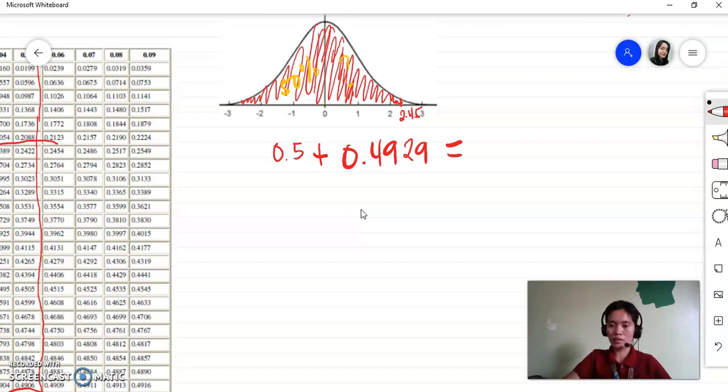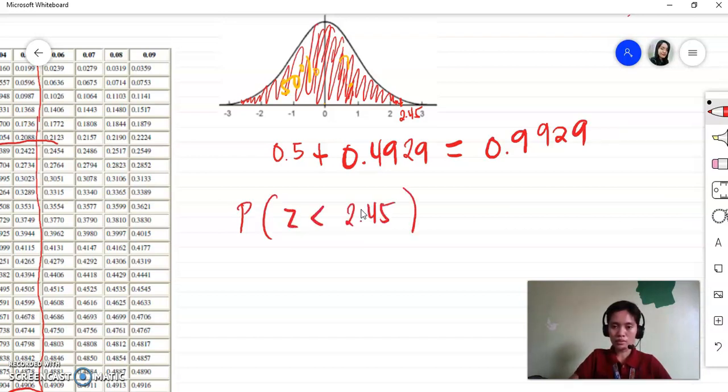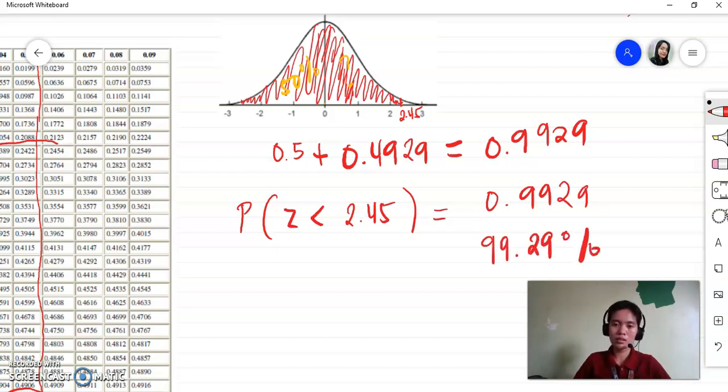As the answer, that's 0.9929. So the probability that z is less than 2.45 is, if you write that as a percentage, multiply it by 100%, so that's 99.29%.